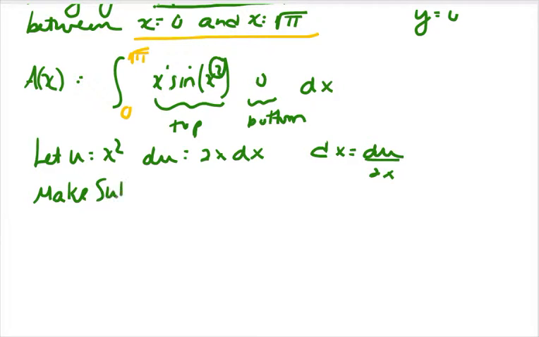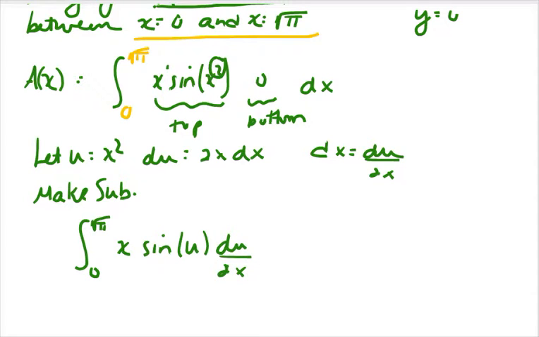You're going to make your substitutions. And we're solving a definite integral. And I'm going to substitute in for u, and then du over 2x. Alright, I'm just going to continue this for a while until you totally get a handle on it.